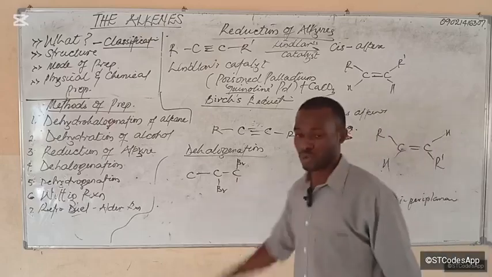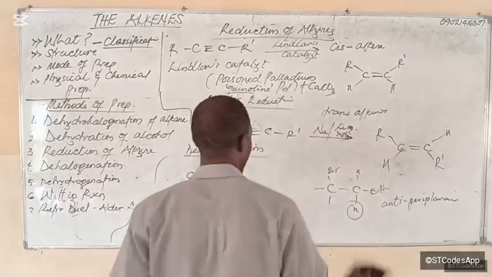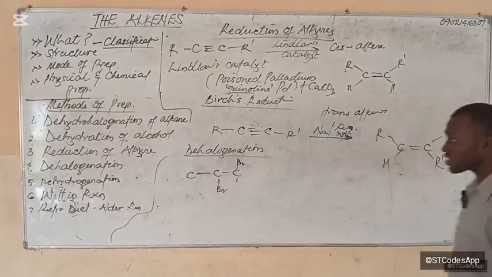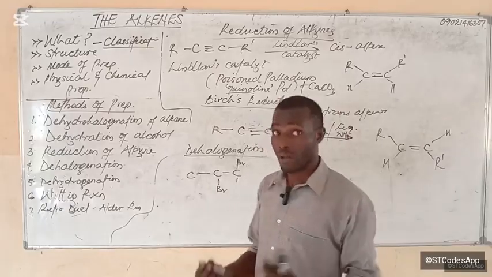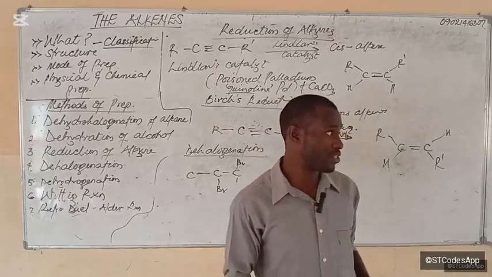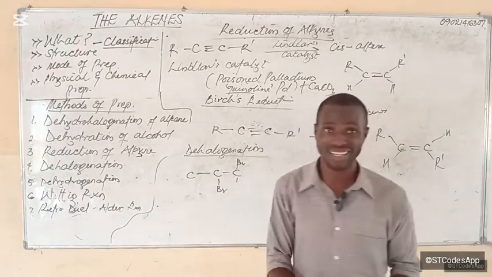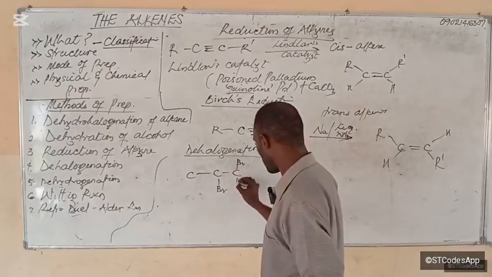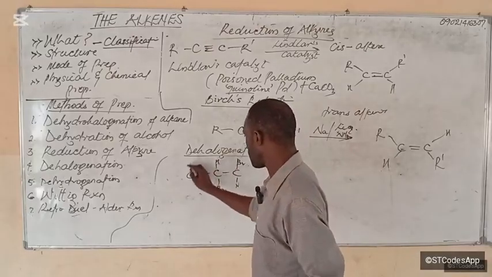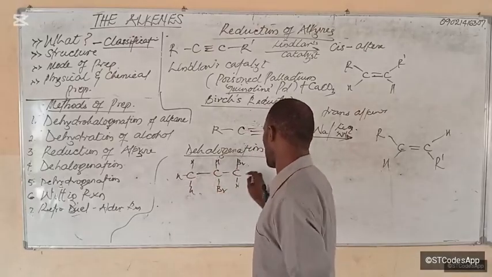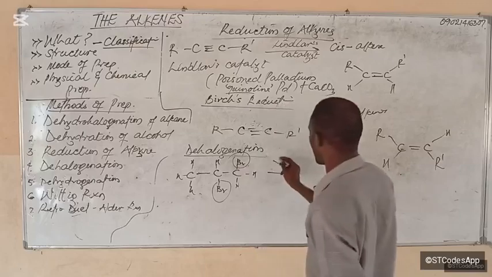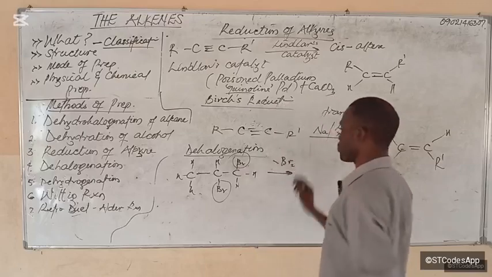Because this reaction also occurs with anti-conformation, also called antiperiplanar conformation, even though this one is not planar, because these carbons are sp3. So my point is that this hydrogen will be abstracted, this one will leave and this one will leave. So that is minus Br2.